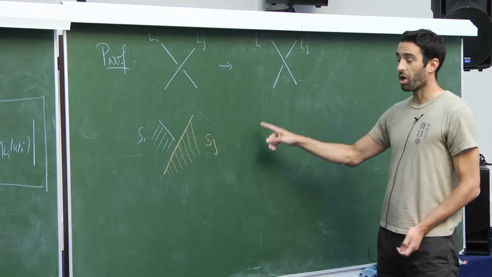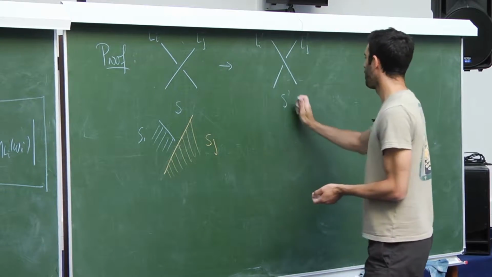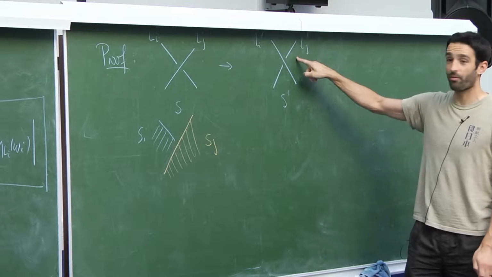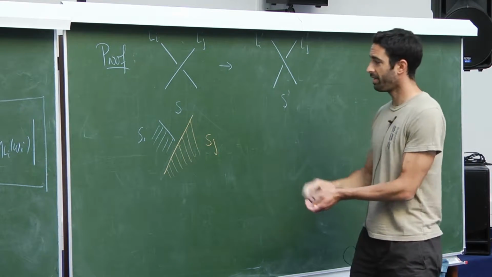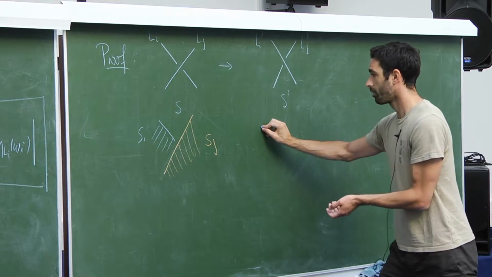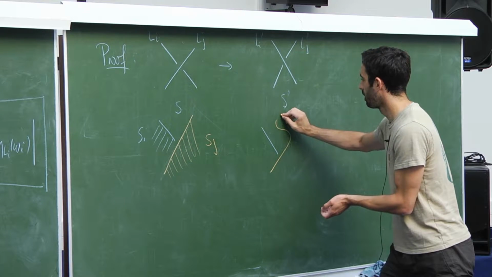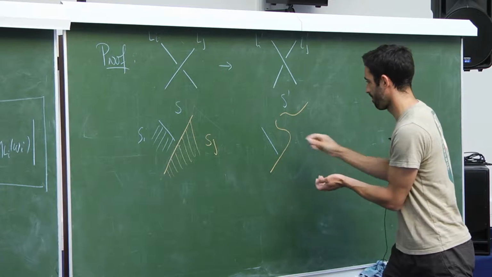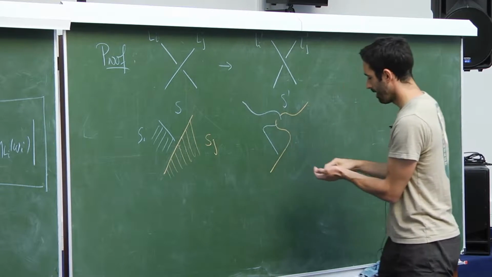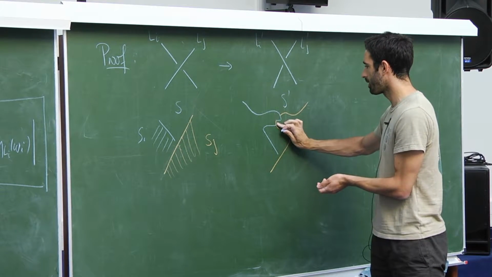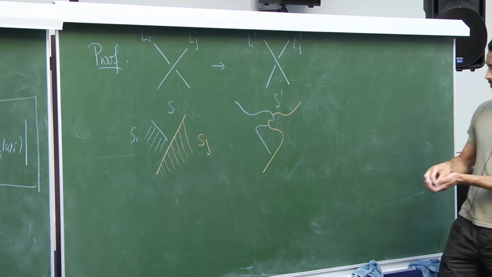And now, this is S. How can I obtain a C-complex S prime for this link here from this C-complex here? Well, it's very easy. You do the following thing. So here I don't change anything. And I simply add a clasp intersection like this. Right?